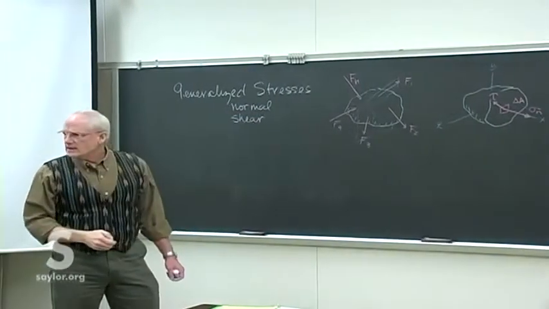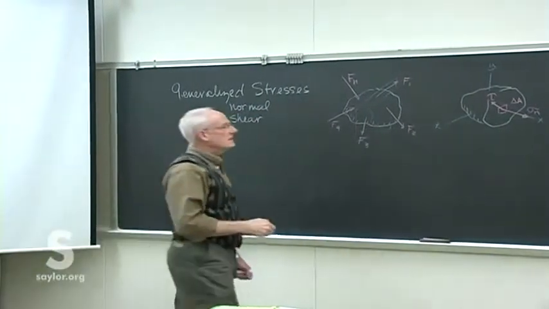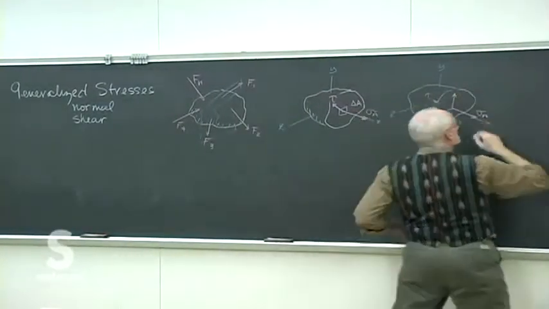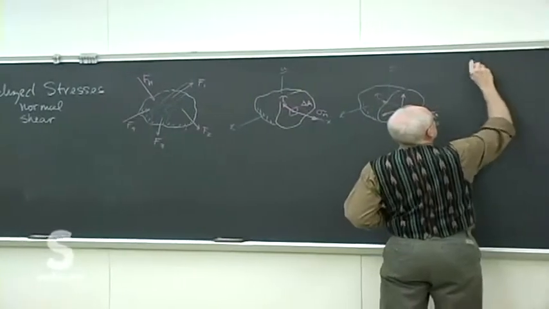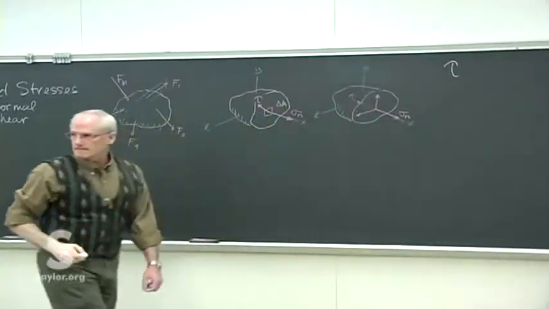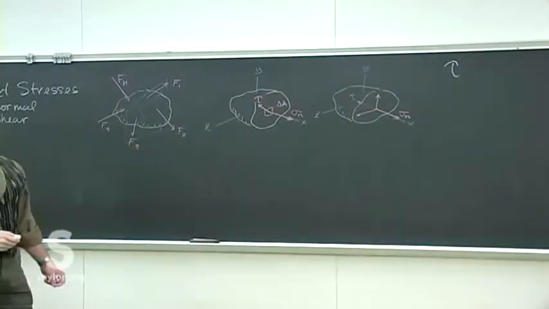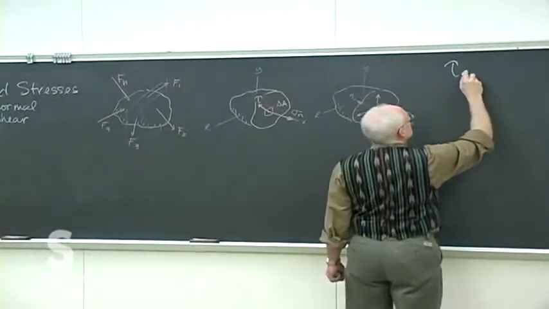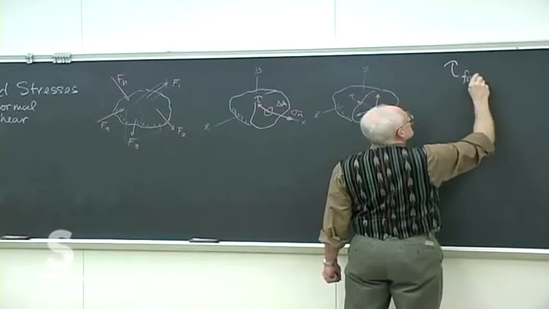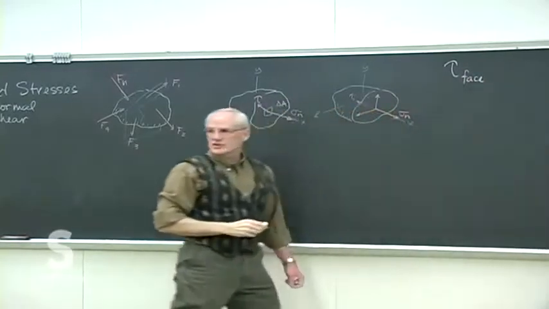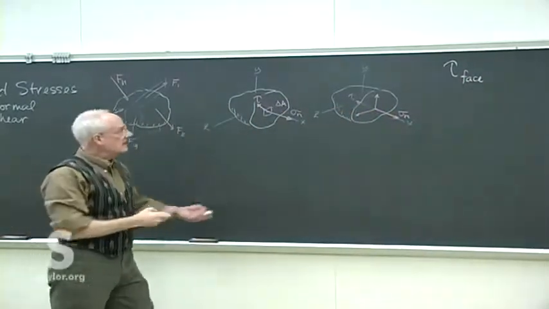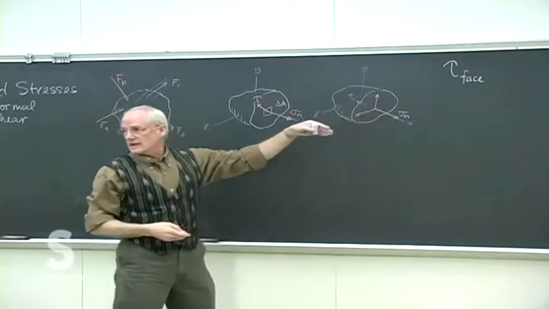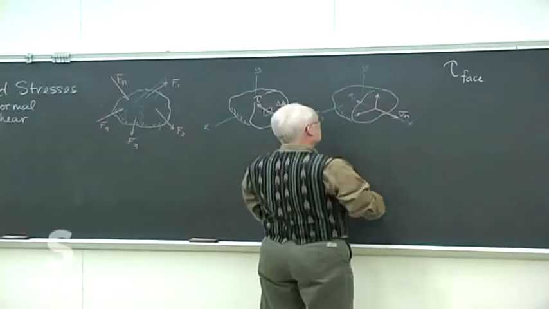I need sort of a system of writing this down, so I'm going to use this system here. For the shear stresses, I'm going to have a two-letter subscript. The first letter is the face that the shear is on. By that I mean a cut like this that is perpendicular to the x direction we call an x face.